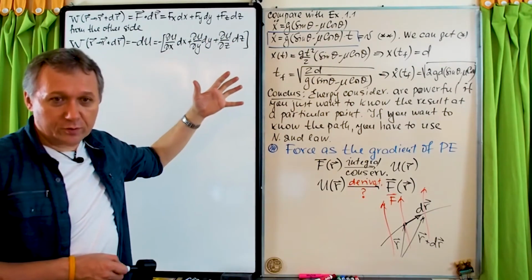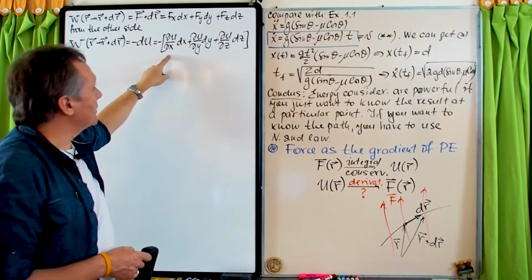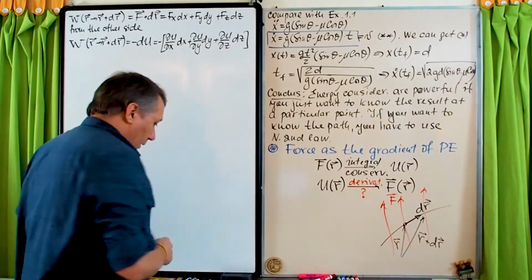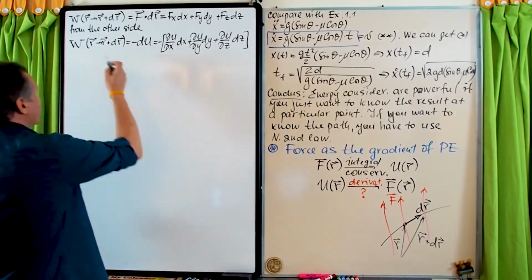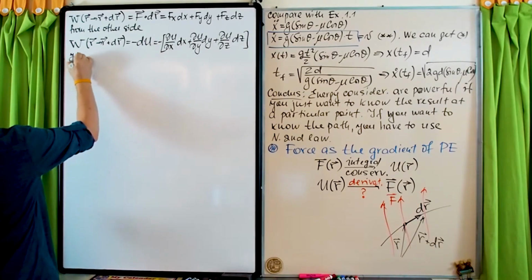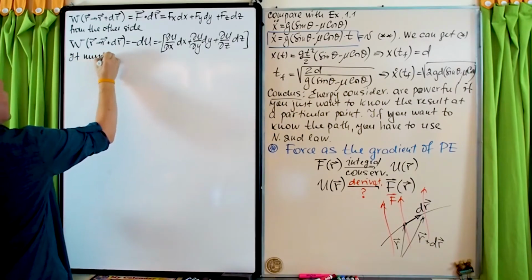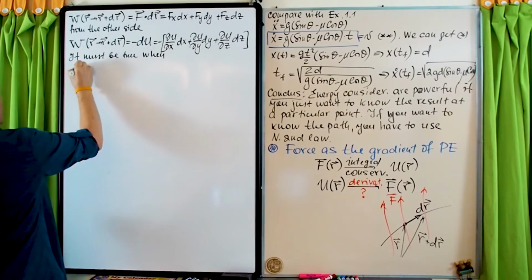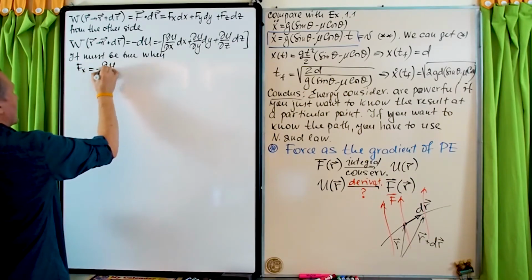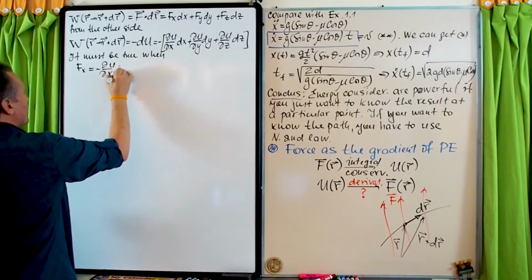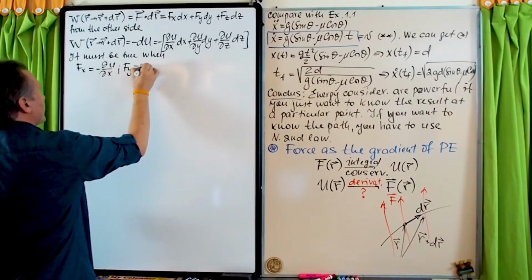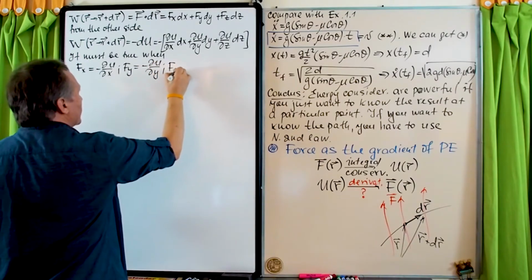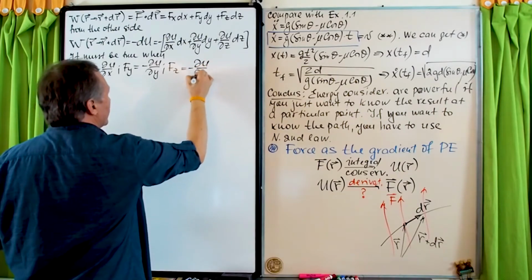So it can be only true when Fx equals the negative partial derivative of U with respect to x, Fy equals the negative partial derivative with respect to y, and Fz equals the negative partial derivative of U with respect to z.